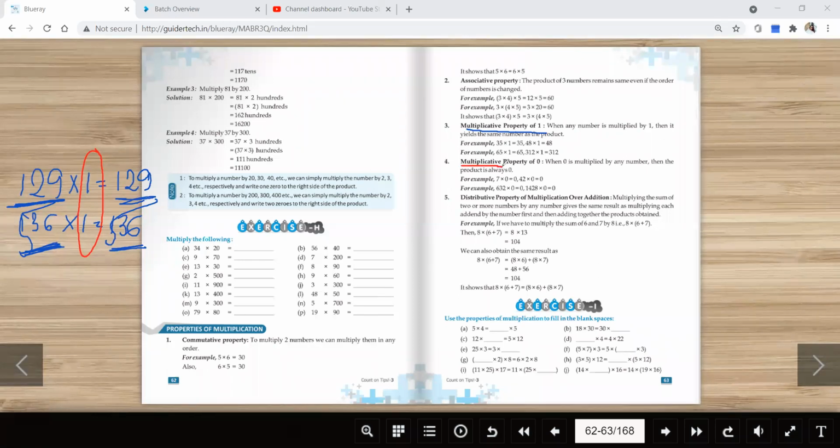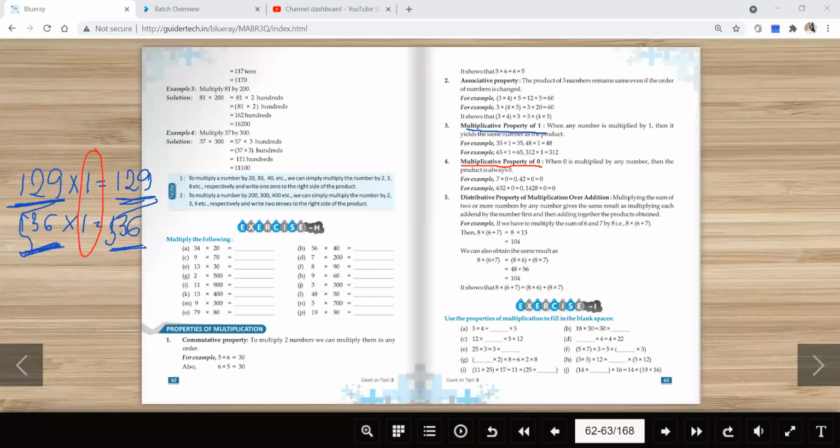This is another nice property because I told you 0 is a special number in maths. It will show a different and unique property in mathematics. Okay. So when 0 is multiplied by any number, the product is always 0.